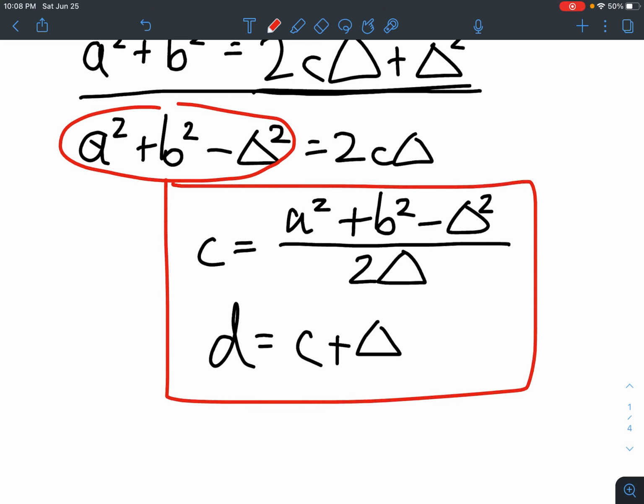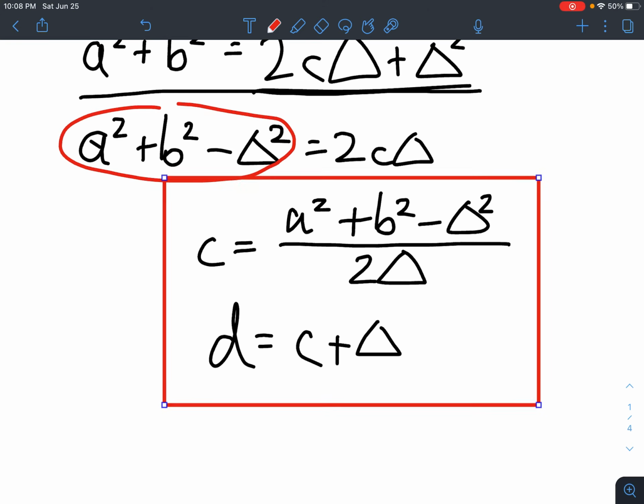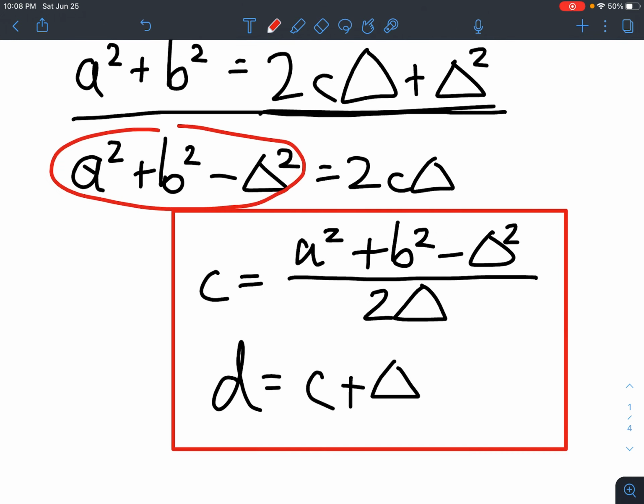So we end up with two equations as our formula. That's it, that's the formula, because we've just solved for c. By dividing by 2 delta, we've gotten this, where you plug in a value for a, b, and delta, and you get out a value for c, which you can then plug into this equation to find the value of d.